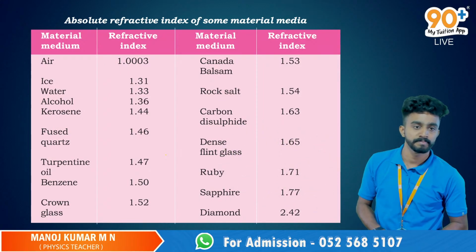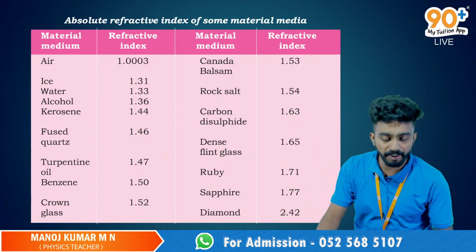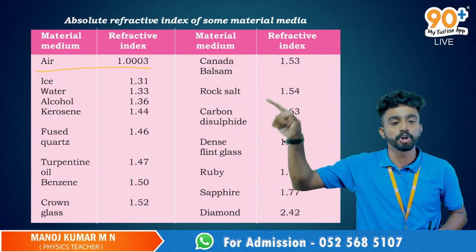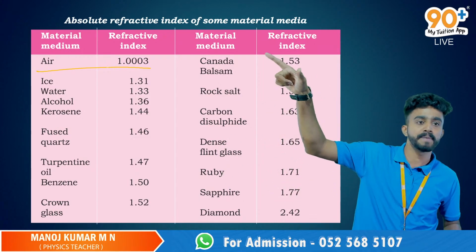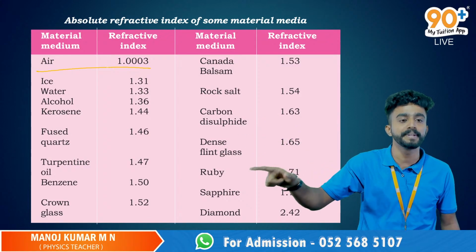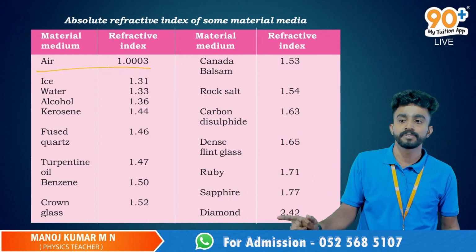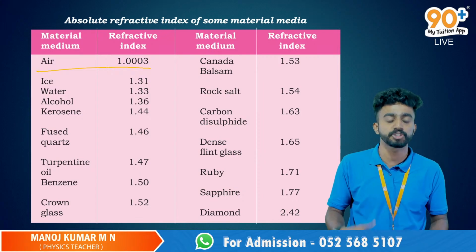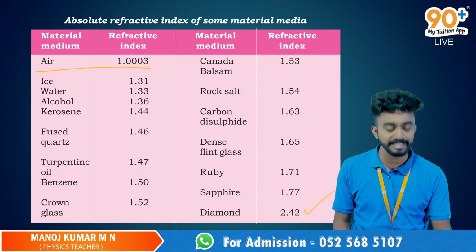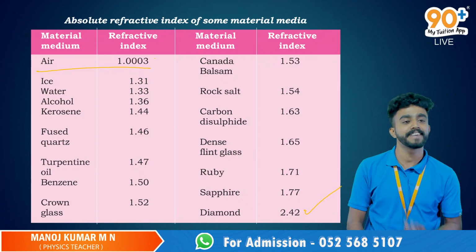Don't get confused. So initially, when we consider air, the refractive index value is very less. So as it goes more denser, Canada balsam, rock salt, carbon disulfide, dense flint glass, ruby, sapphire, diamond. So when it goes more complex, densely packed stones or solid materials, the refractive index increases. In the case of air, very less.